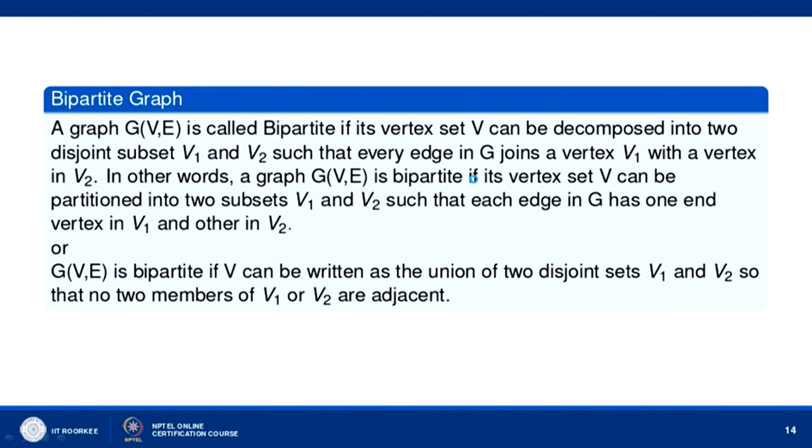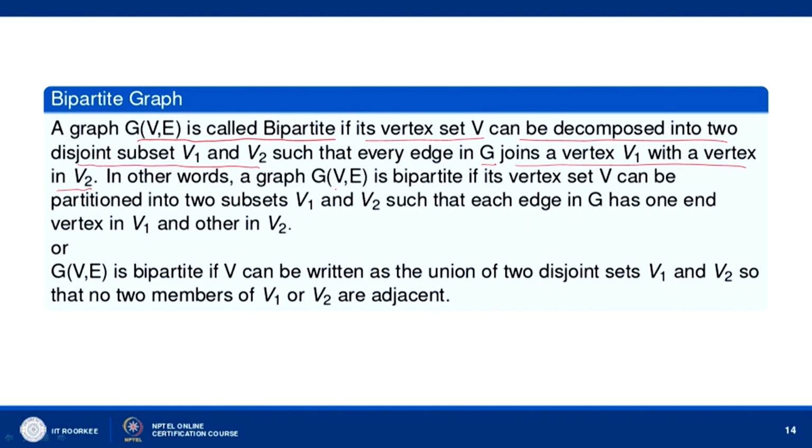Now, a bipartite graph. A graph G(V, E) is called bipartite if its vertex set V can be decomposed into 2 disjoint subsets V1 and V2 such that every edge in G joins a vertex in V1 with a vertex in V2.